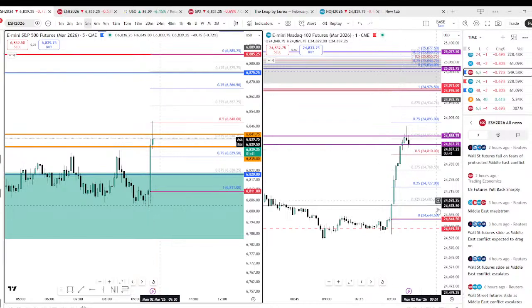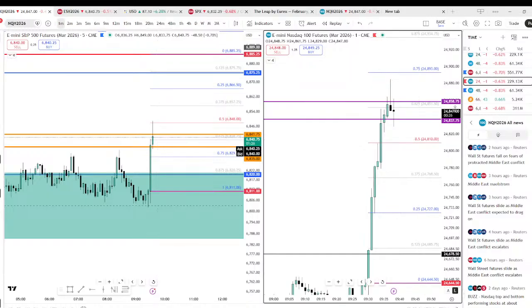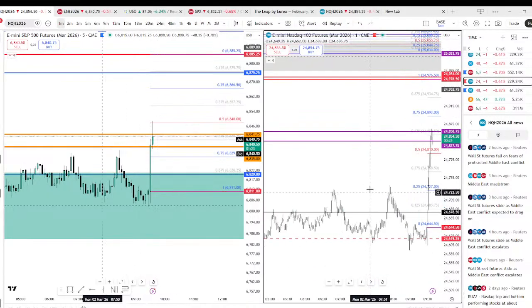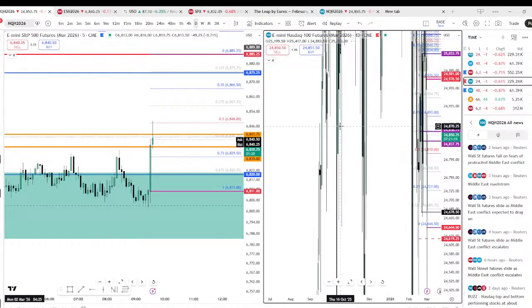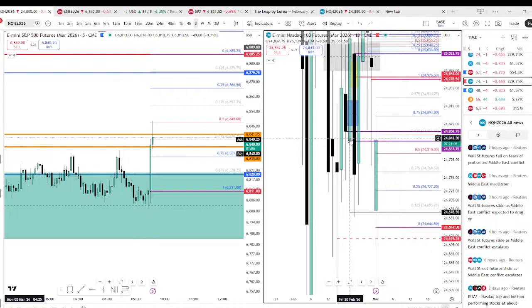This is a new week opening gap in NQ. Older one. That's when it was from. Thursday, or new day opening gap. Wait, Thursday to Friday.